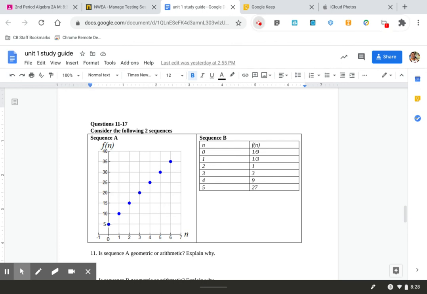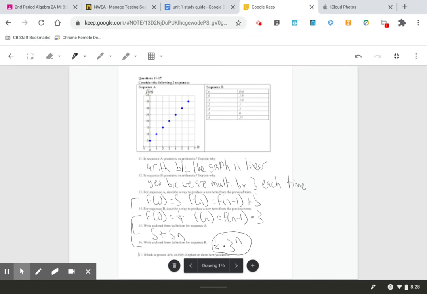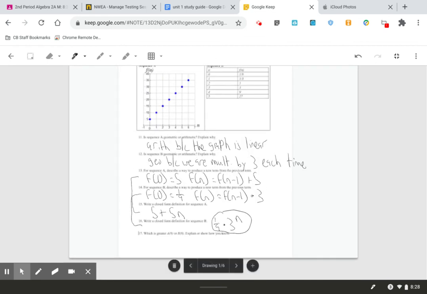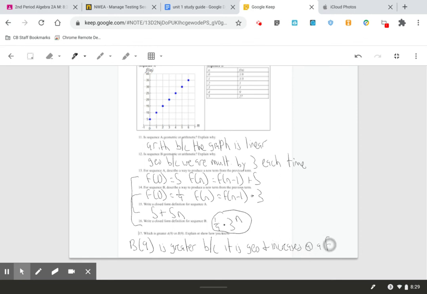So we don't even need to figure out what the term 9s are. We know that the term 9 of sequence B is going to be greater because it's geometric. So B of 9 is greater because it is geometric and increases at a faster rate.